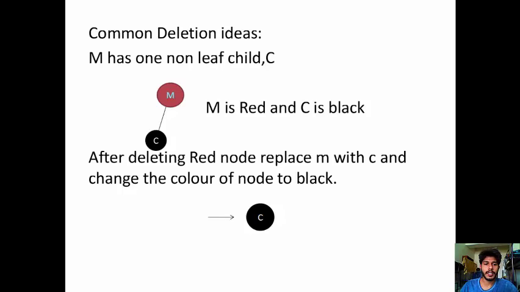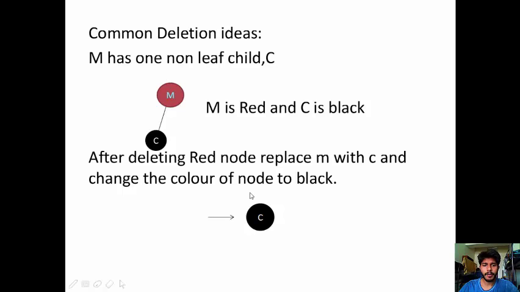So here are the common ideas. In this slide we have two nodes. One is the child node and the other is the parent node, which is a red node. In order to delete that red node, we replace this red node with C, which is a black node, and swap the color of that red node.